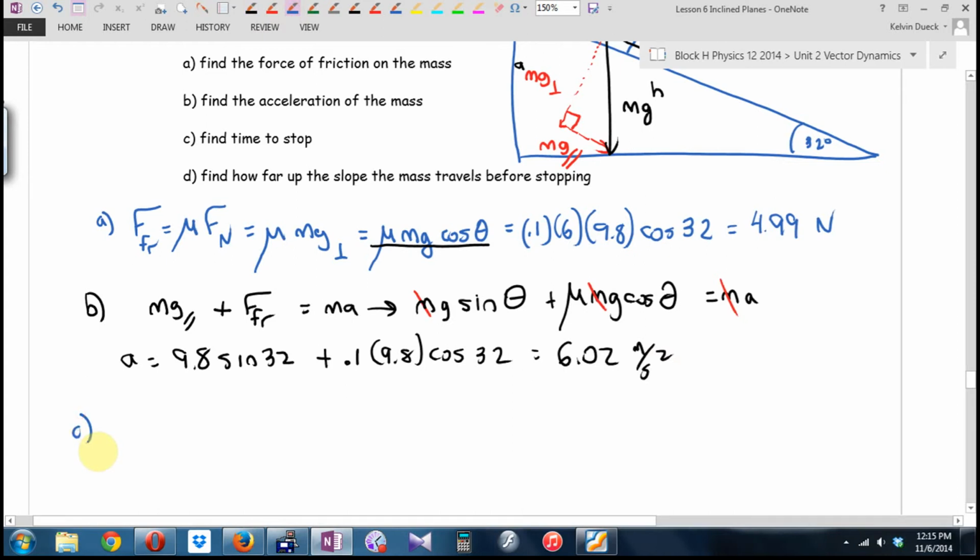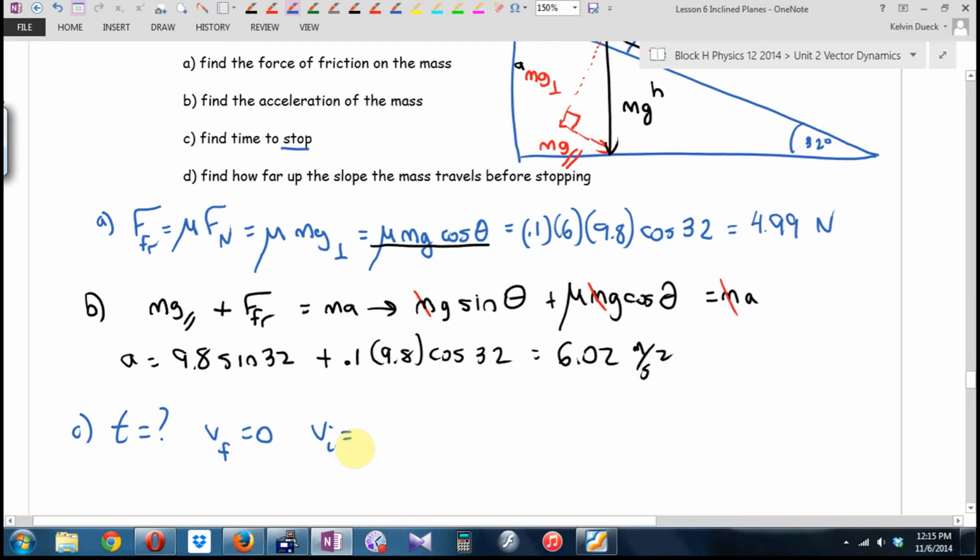C. What does C want me to find? Time, T, equals question. Okay, as soon as I wrote that, now I'm back in kinematics in Unit 1. I'm thinking VF equals VI plus AT, D equals VI T plus half AT squared, VF squared equals VI squared plus 2AD. Okay, what else do I know? Oh, VF equals 0. Please tell me they told me VI in the question.